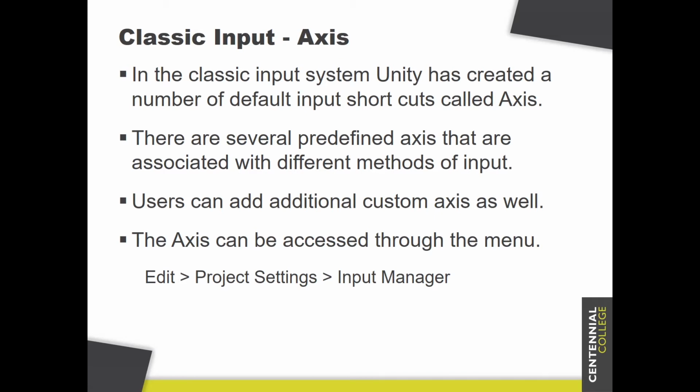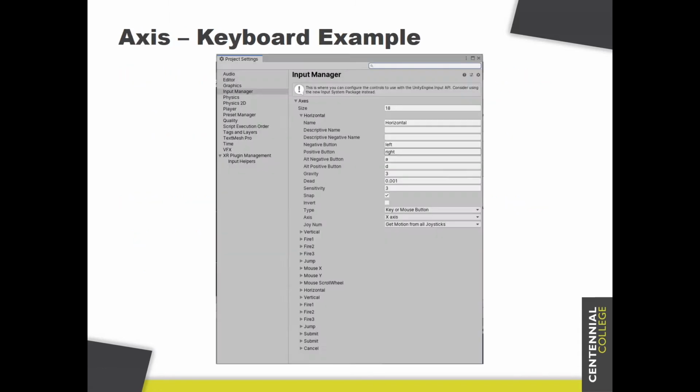You can create your own as well, but there are a number that are already set up. If you want to see the axes themselves, you can see them under Edit, Project Settings, Input Manager. Once you open that up, you're going to get a list of axes, and we're going to see what they're actually monitoring.